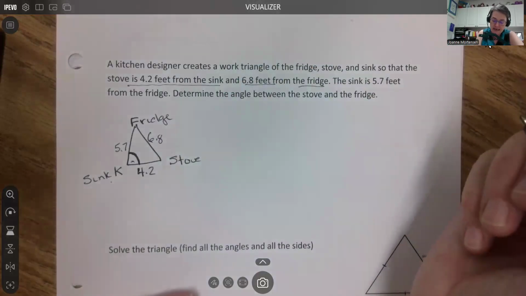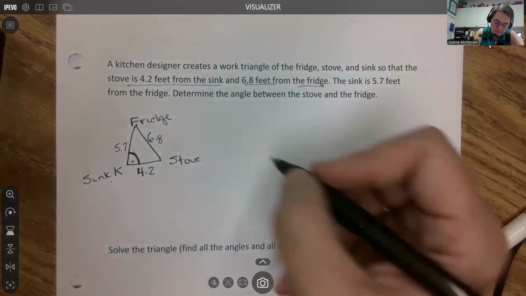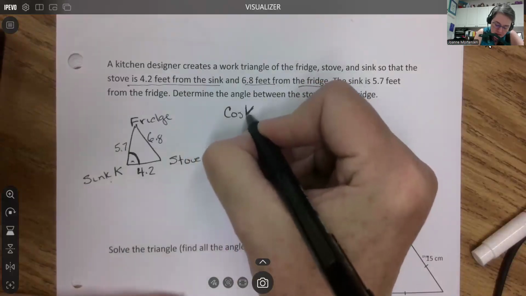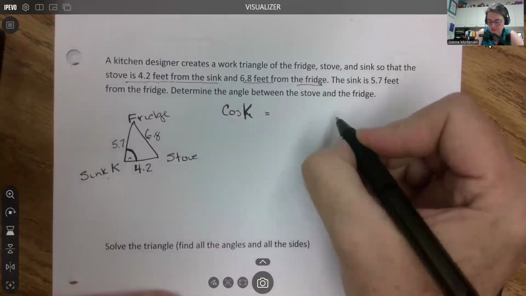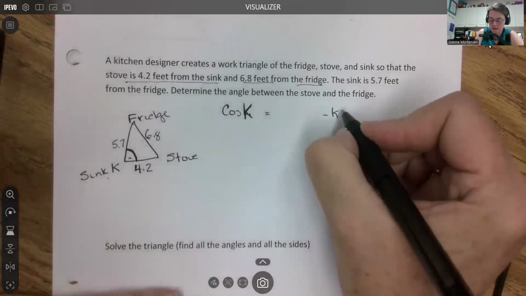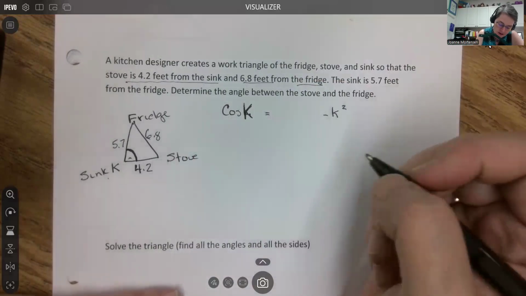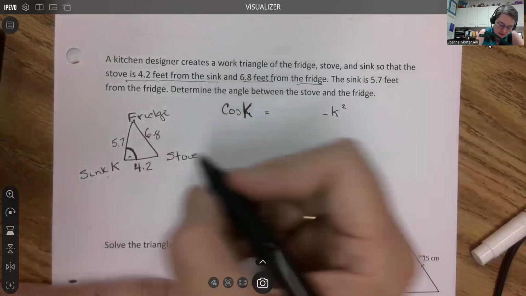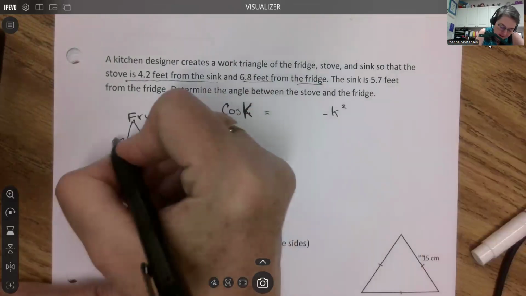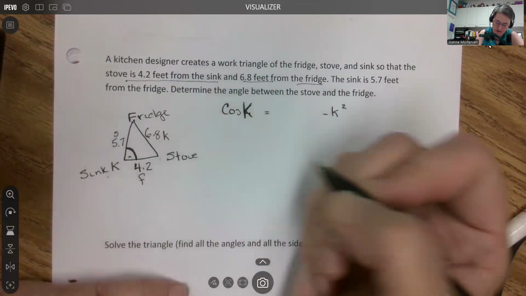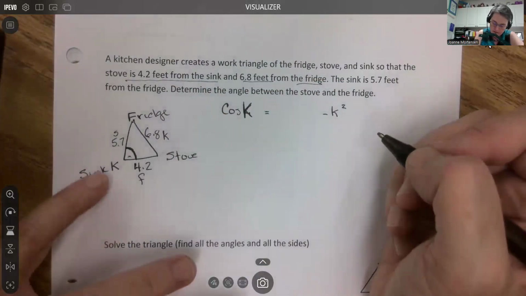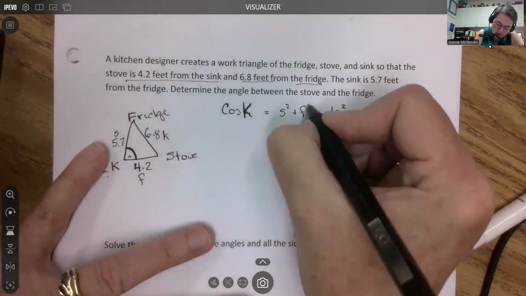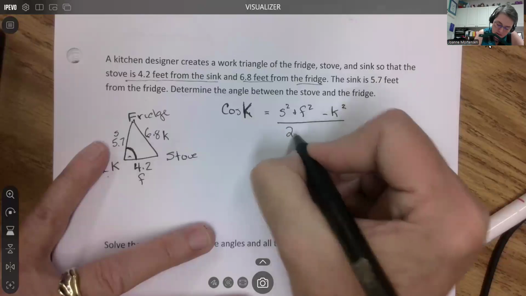All right, so we need K. So cos K, oopsies, capital K, is equal to minus K squared. So my bad, this is little k, this is little s, and this is little f. There we go. So I've got s squared plus f squared minus k squared over 2sf.